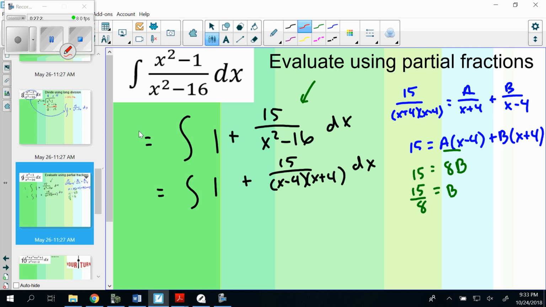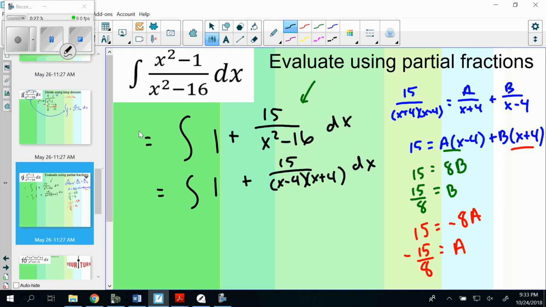If we were to do the other number, negative 4, then this one's going to be gone, but this other one would be negative 8a. And so a looks like it's negative 15 eighths.